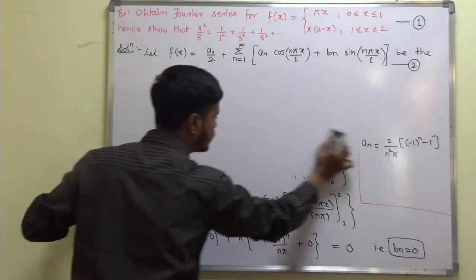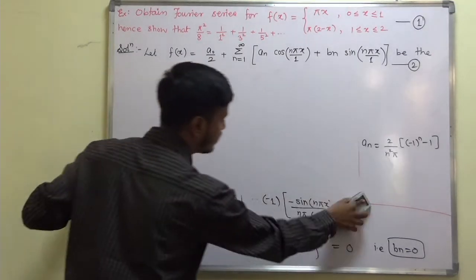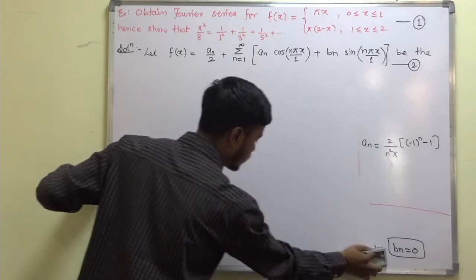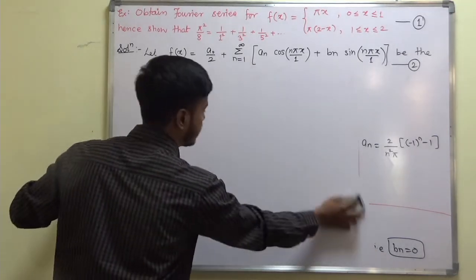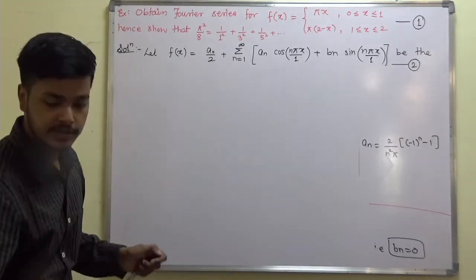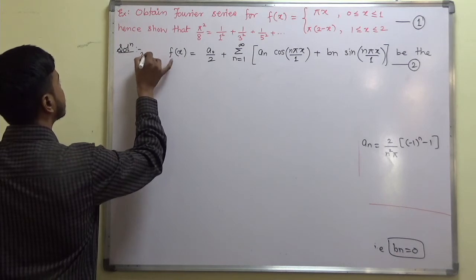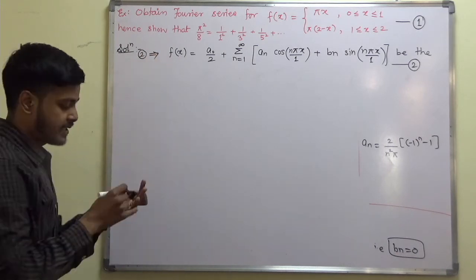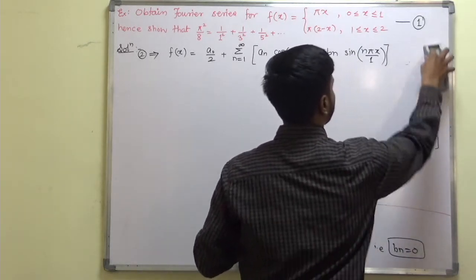Still we have to find out the second part also. So nothing to worry about. Okay, so equation 2 implies this. What was a0?